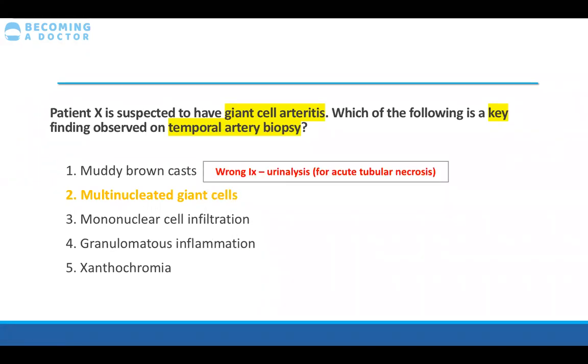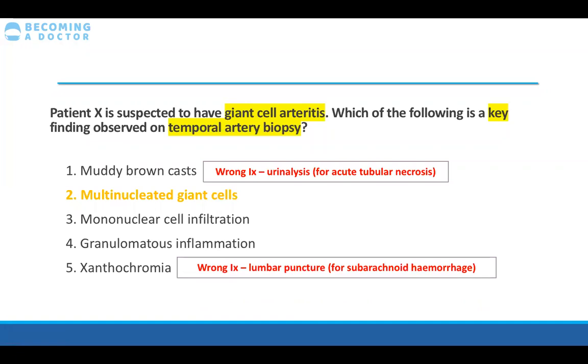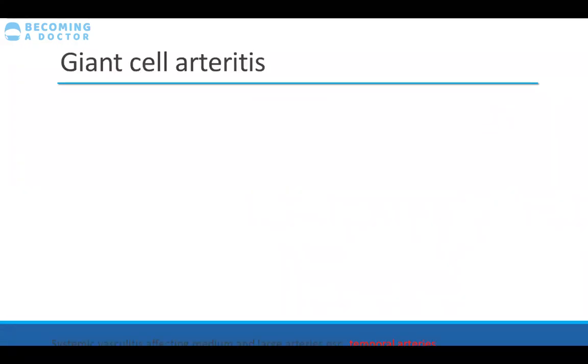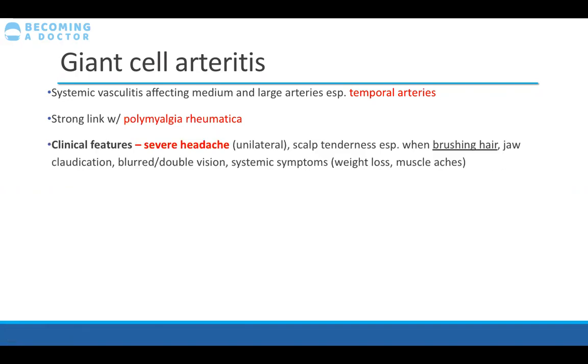I'm happy that none of you answered number 1 and number 5 because they're the wrong investigation. So number 1 is urine analysis for acute tubular necrosis, and number 5 is when you do lumbar puncture for subarachnoid. So giant cell arthritis is a systemic vasculitis affecting medium and large arteries, especially the temporal arteries. There's a strong link with polymyalgia rheumatica.